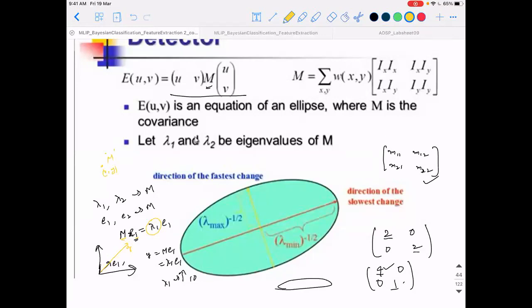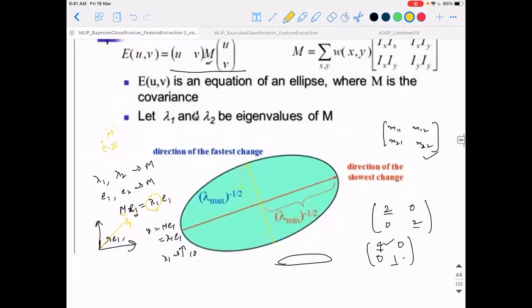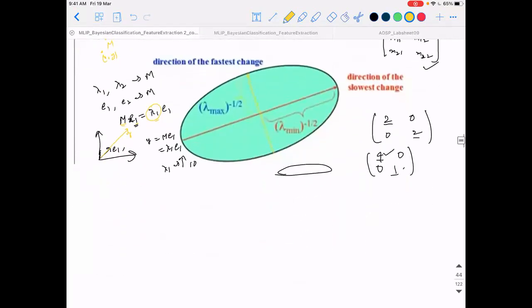These eigenvalues will give me the spread of the data points in the corresponding directions of eigenvectors. Let me complete this discussion, then I will go to the covariance matrix. Probably it may be easier to understand there.